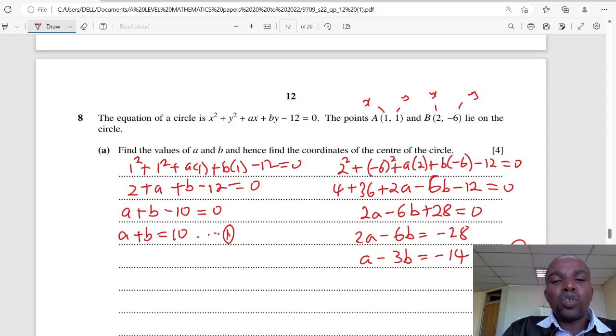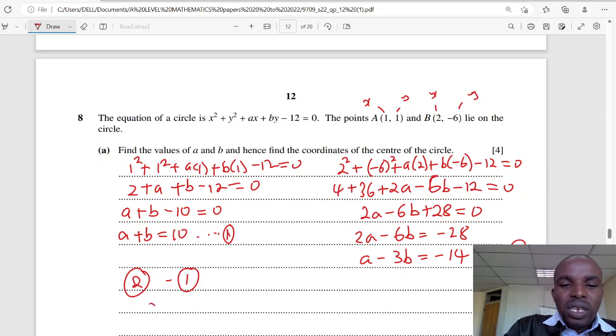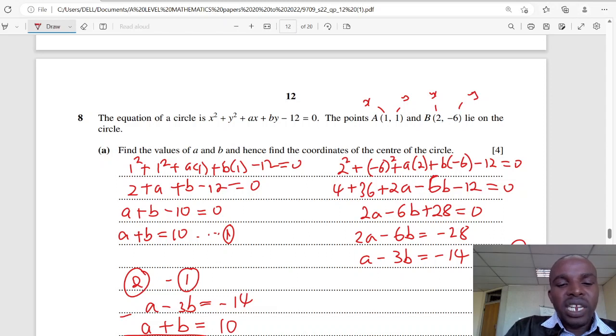Right, take equation number 2. You can say equation number 2 using elimination minus equation number 1. So it will be a minus 3b is equal to minus 14, and a plus b is equal to 10. Then you subtract the two items. It will be minus 3b minus b is minus 4b, equal to minus 14 minus 10, which is negative 24.